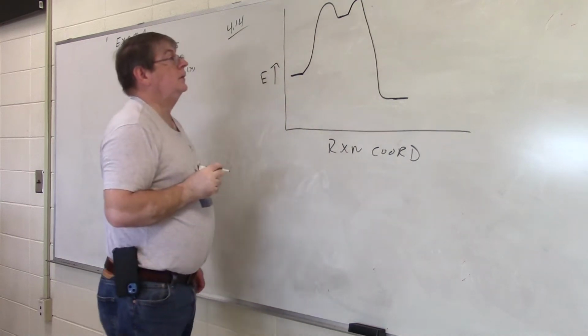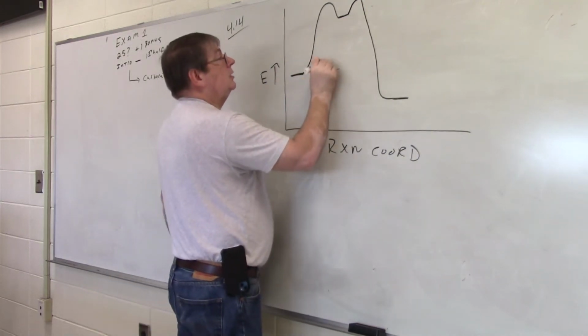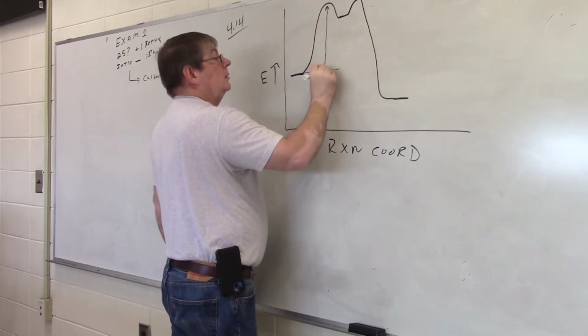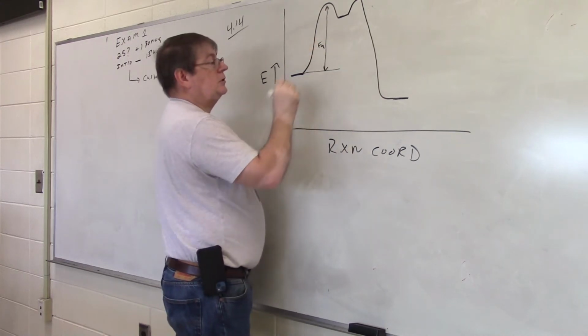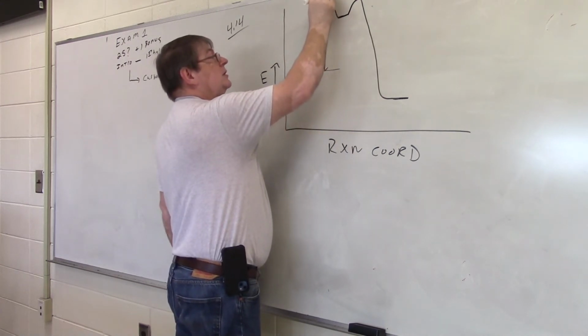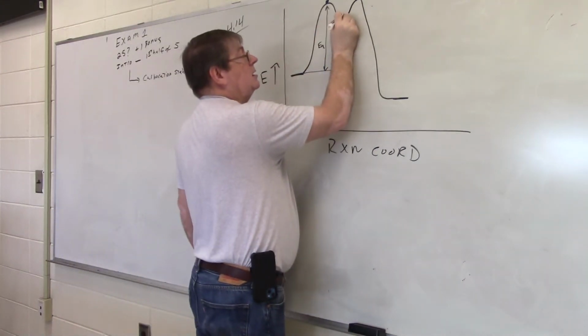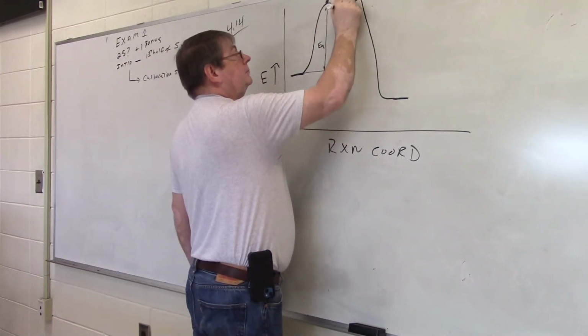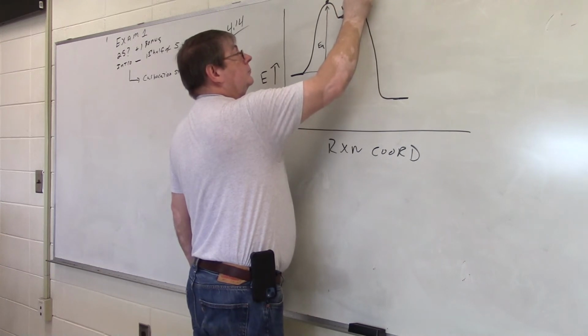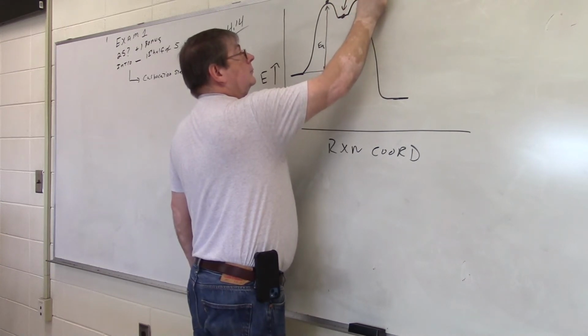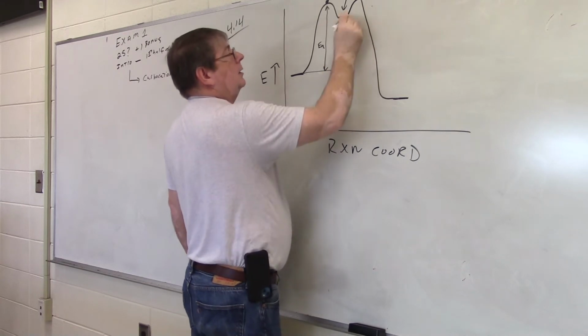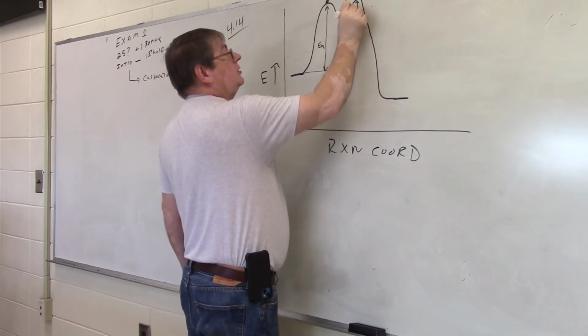So here to here is the energy of activation in the first step. This is the transition state. This is an intermediate. This is the energy of activation for the second step.